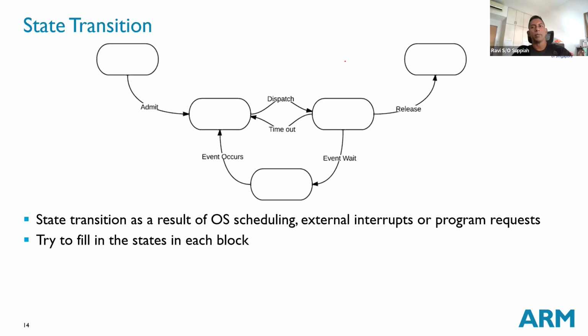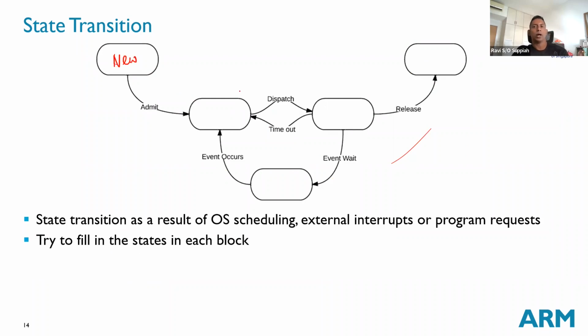These are the 5 different blocks here that we want to fill in, based on understanding of what happens at each state of time. The very first state is what we call new.